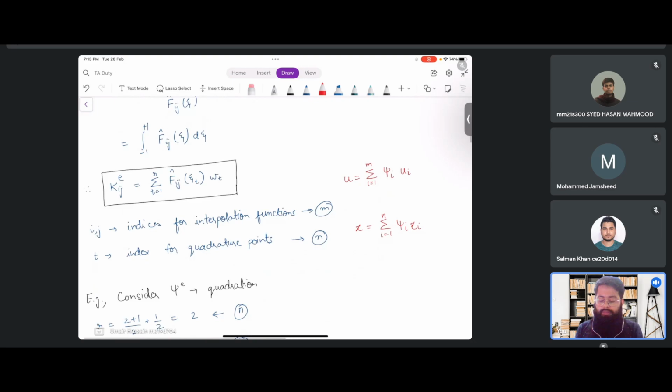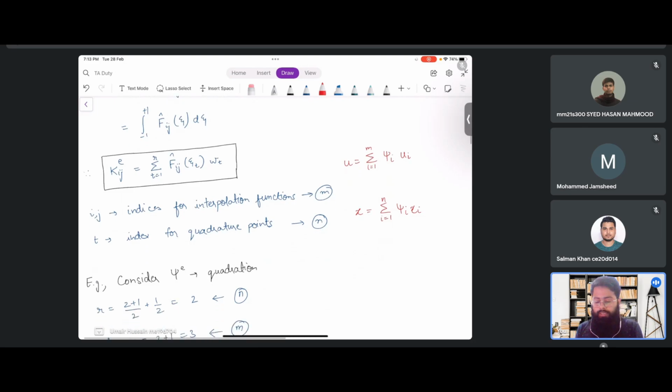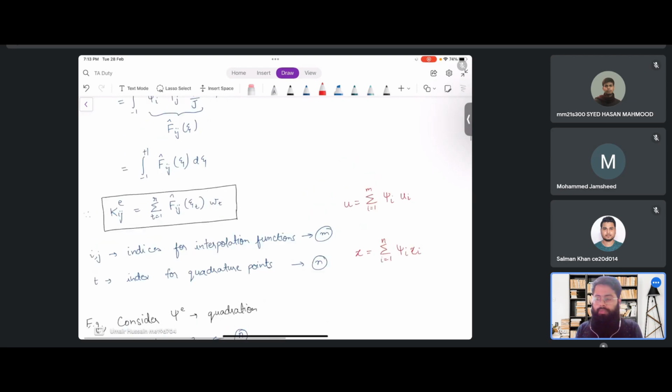So if we consider quadratic type of shape function, suppose, then how do we determine the number of quadrature points being used for an integral? Can someone tell me what is the formula to determine?